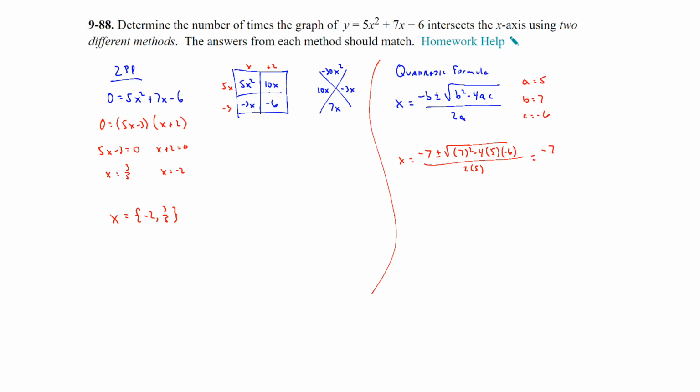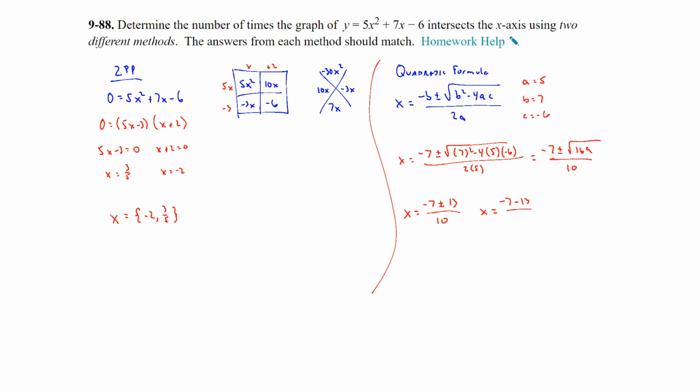So you can just plug in everything underneath the square root into your calculator and see what number you get. And we get 169, and if you don't know, that is a perfect square, so we can simplify that, and if not, you could have just plugged it in the calculator to find out that it is 13. So we have negative 7 plus or minus 13 divided by 10, so we're going to set up two equations here, or two situations.